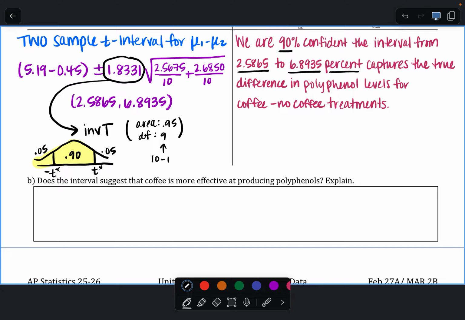These are percent changes. Captures the true difference in polyphenol levels for coffee minus no coffee treatments. And I'm going to add in my 4 subjects like these. I think I left it off on this one.